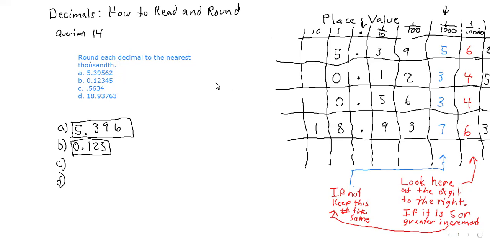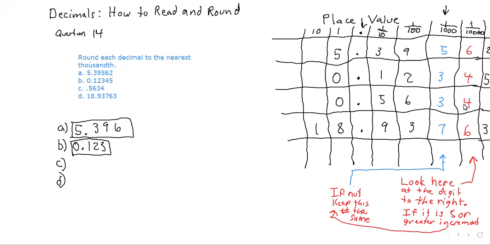All right, so now let's do question C. The number is 0.5634, and we're going to do the same thing. We're rounding to the thousandths place, which is all the numbers in blue. We're going to stop the number there. We're going to use the numbers directly to the right of that, which is all the numbers in red, to determine whether or not to increment or keep the number in blue.